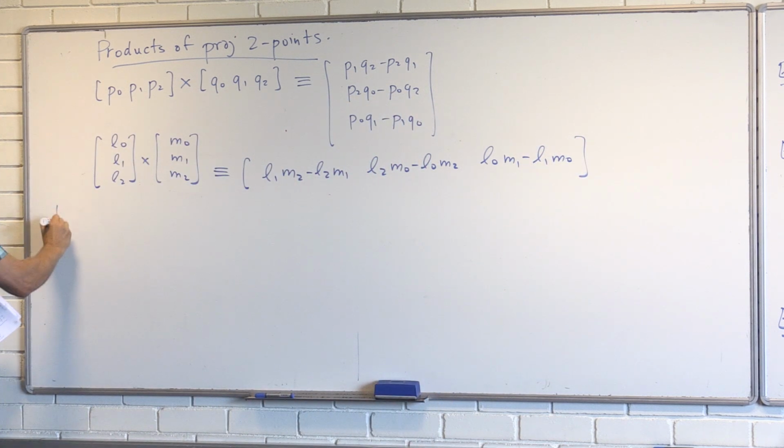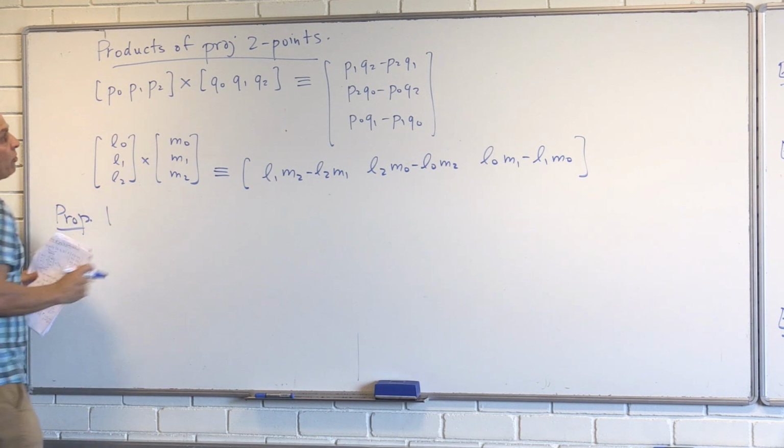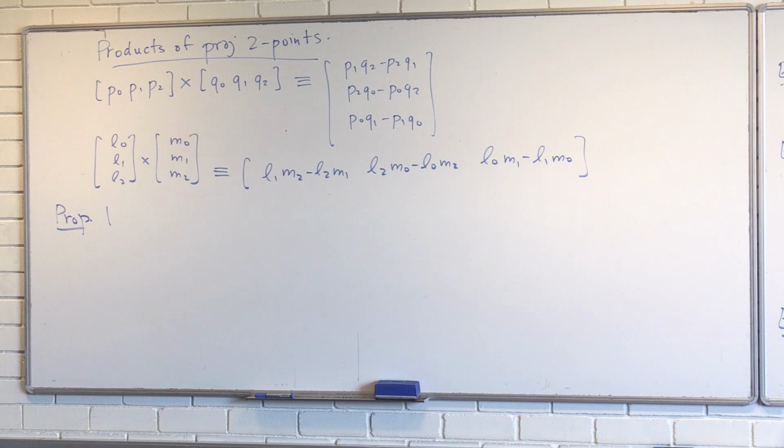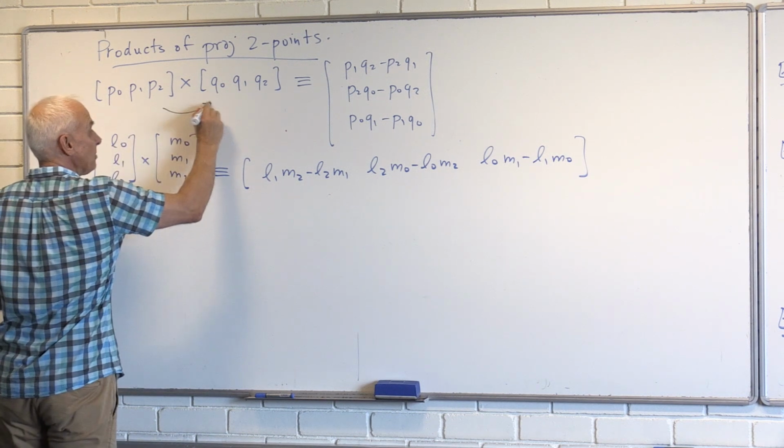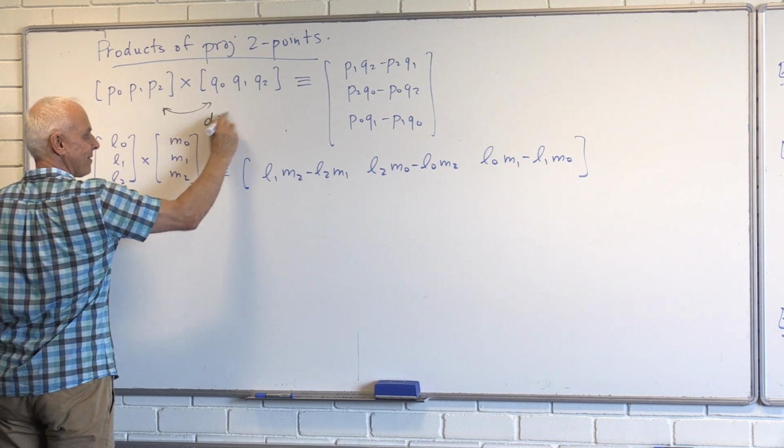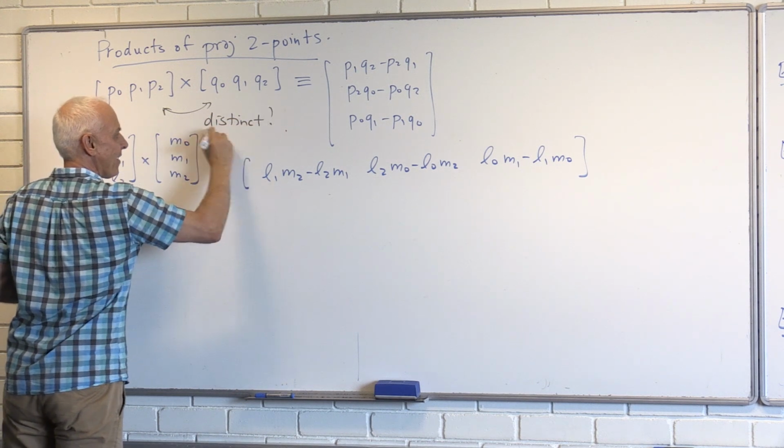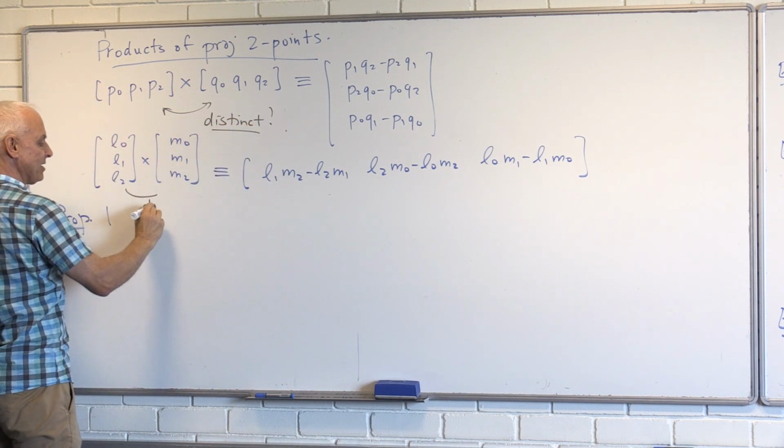Then one can prove a little proposition, an exercise. I should also say that in order for this to be well defined, we require these to be distinct, and similarly require these to be distinct.